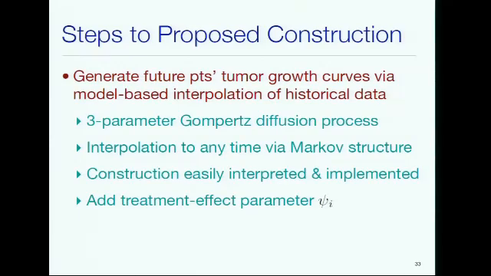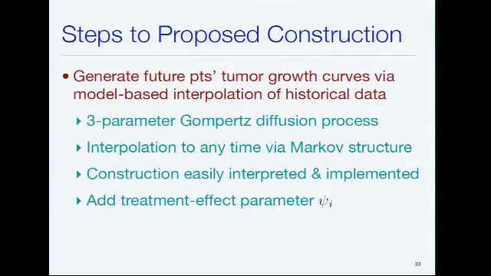So we do that again via the three-parameter Gompertz diffusion process I mentioned, with a hierarchical model on the subject-specific parameters. We have interpolation to any time so that we can characterize a continuous curve based on just those discrete points using the Markov structure.